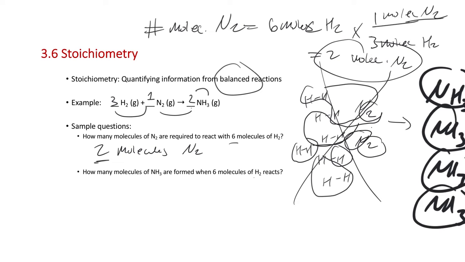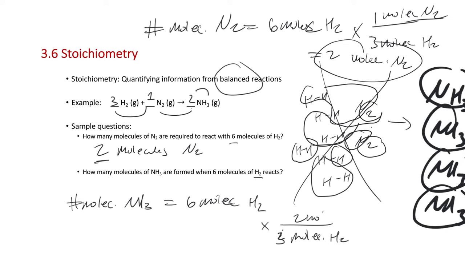So if 6 molecules of H2 react, we kind of already pictured this, but if we want to show this with dimensional analysis, the number of molecules of NH3 that are produced from 6 molecules of H2 reacting is, for every 3 molecules of H2, we're producing 2 molecules of NH3. And so 6 divided by 3 times 2 is, of course, 4.